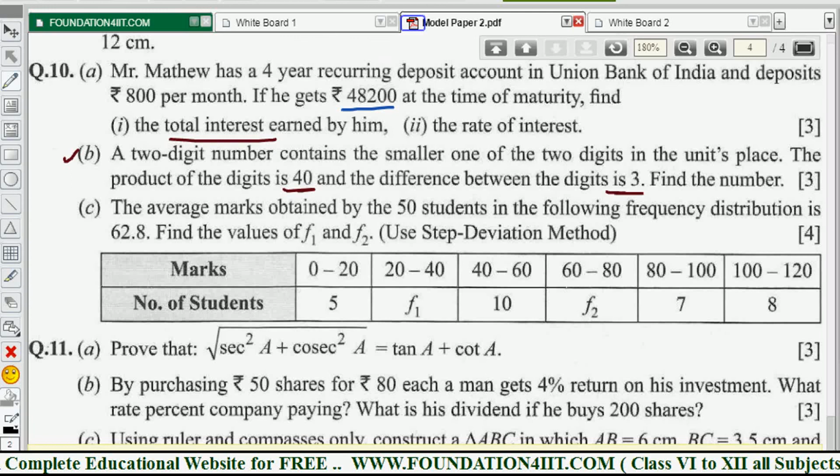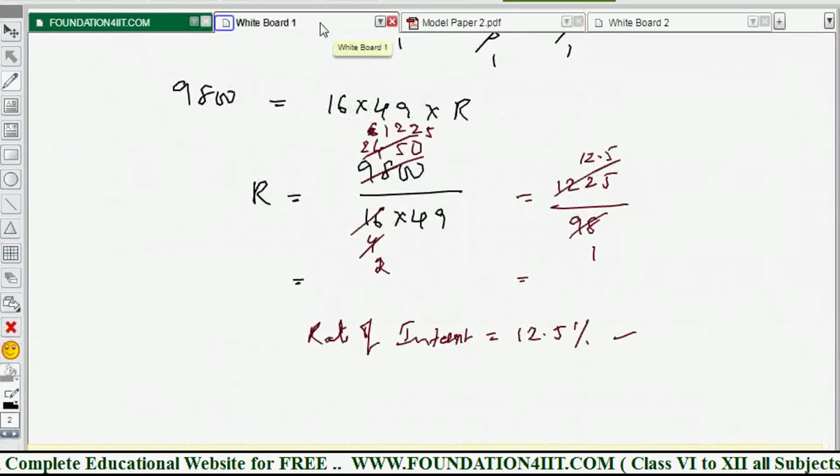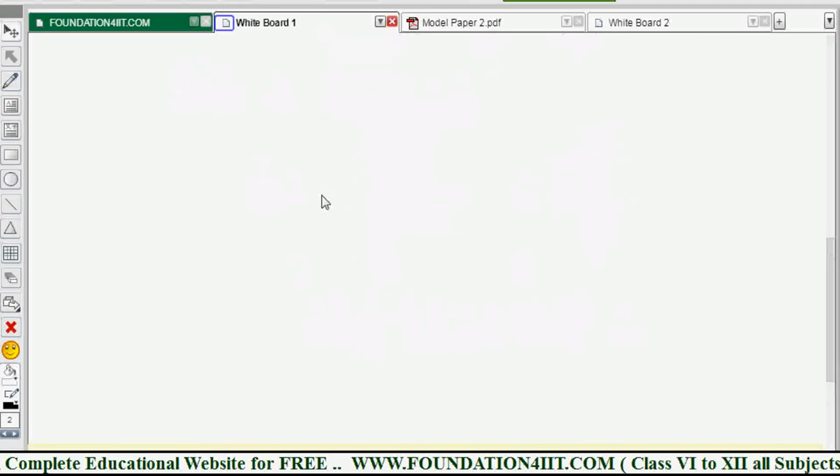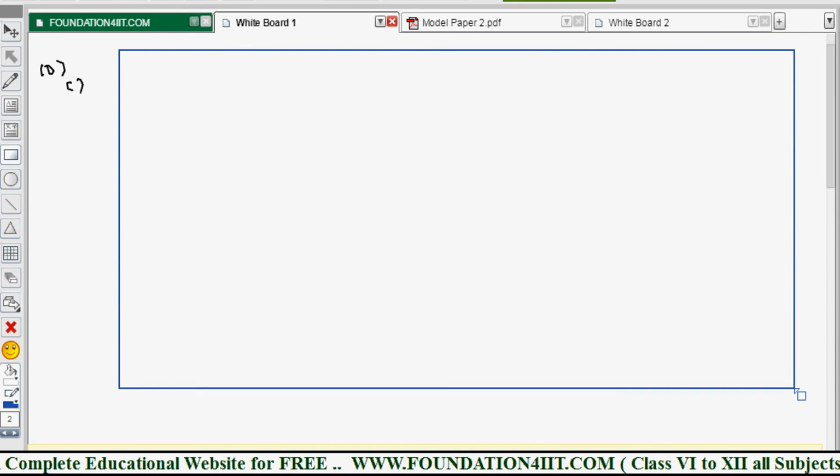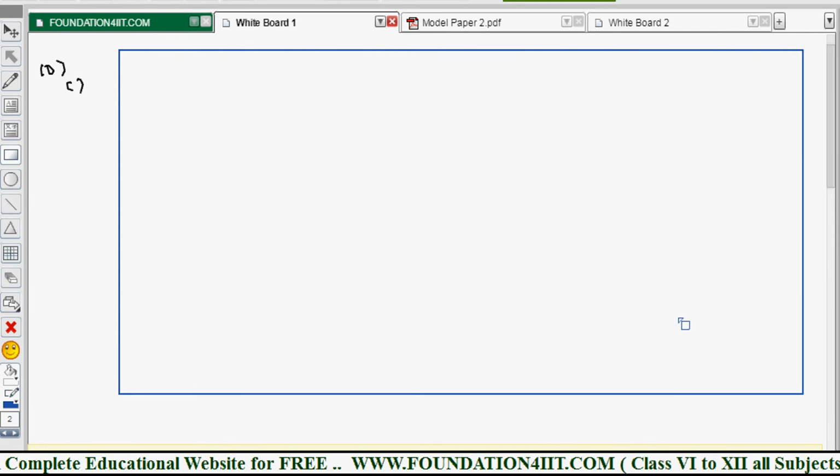So let me take the data clearly. Just take each and every value now and make a table for this. So we need marks as one column. Make the table very clear: marks, frequency, and mid value.